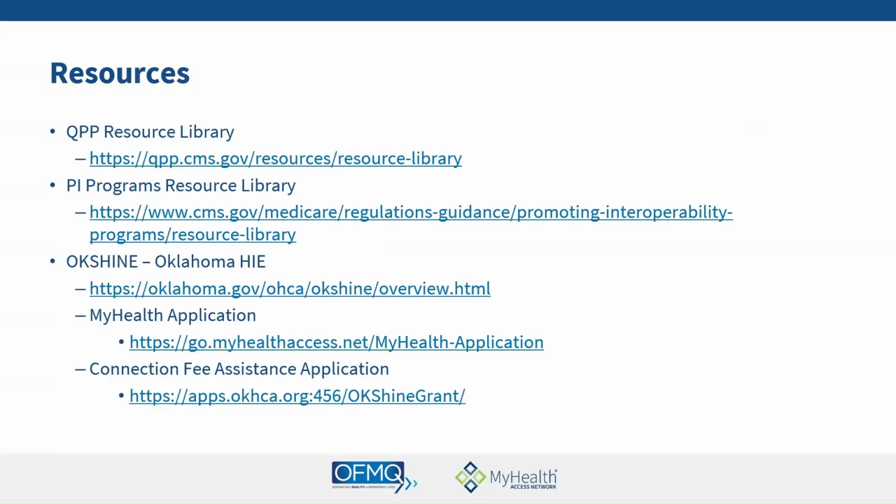I will warn you, there's a couple of hundred in both the quality and the improvement activities, so it can be a little overwhelming. The good thing is they have some tools built in where you can filter that by provider type. So by family medicine or cardiology or orthopedics, whatever your specialty may be, and it will help narrow that down some for you.